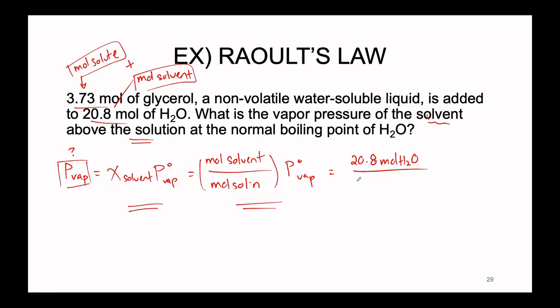So we can just put both of these numbers in the denominator, because the sum of the moles of our solute, which is the 3.73, and the moles of our solvent, the 20.8, should be equal to the moles of the solution in total. So whether we explicitly solve for our mole fraction or we just leave it in parentheses like this is totally fine.